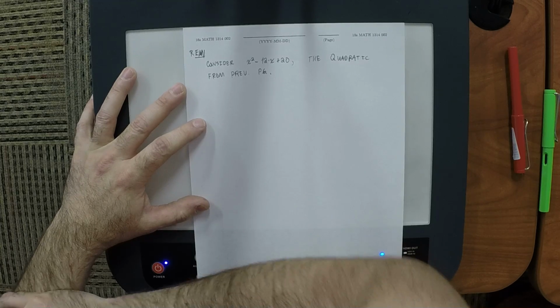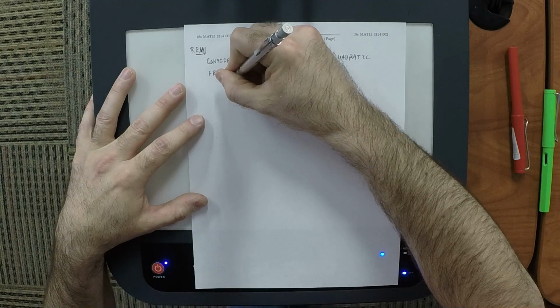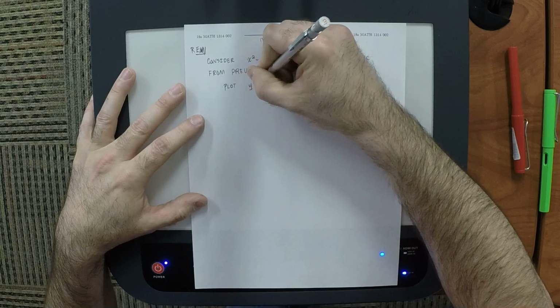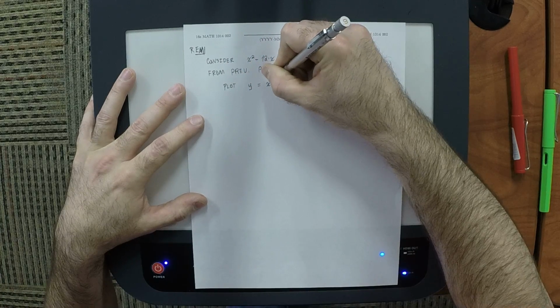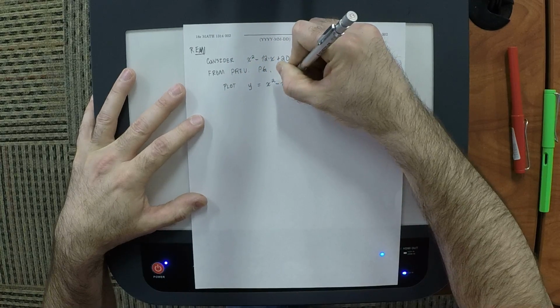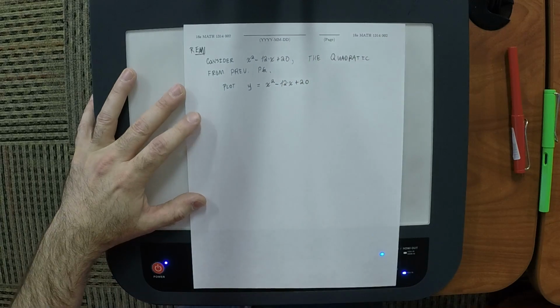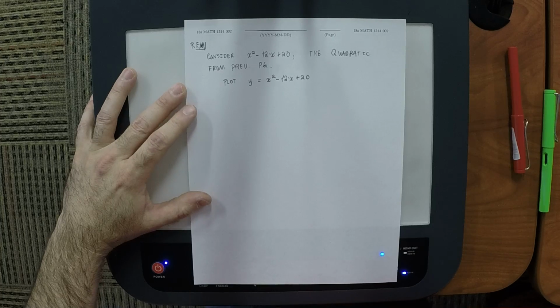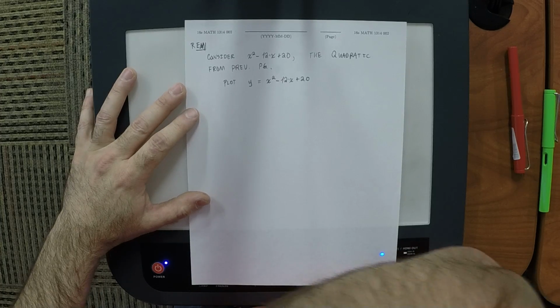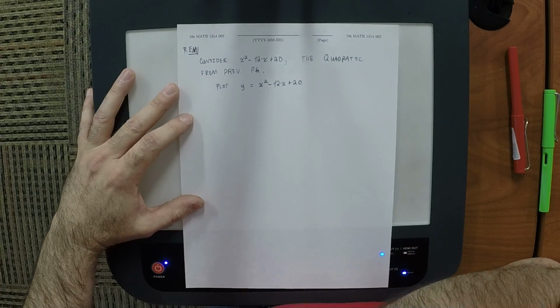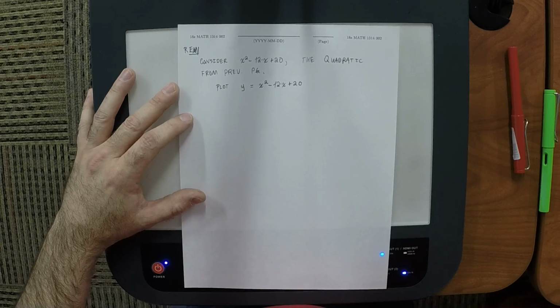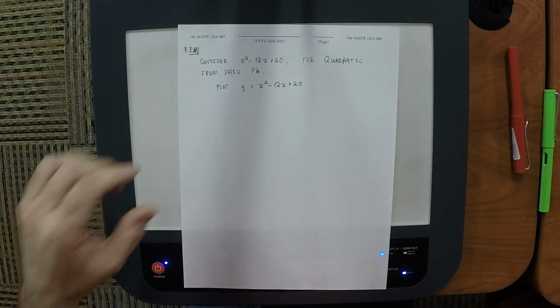In fact, if you plot y is x squared minus 12x plus 20, then you would see a shape that is so common and so important that it has a name. What's its name? Parabola.